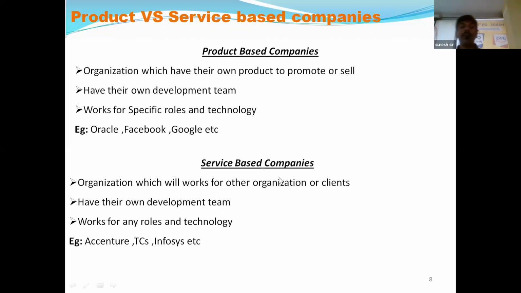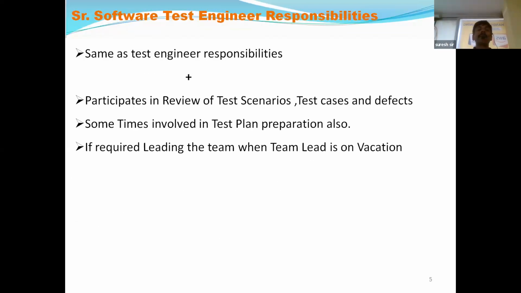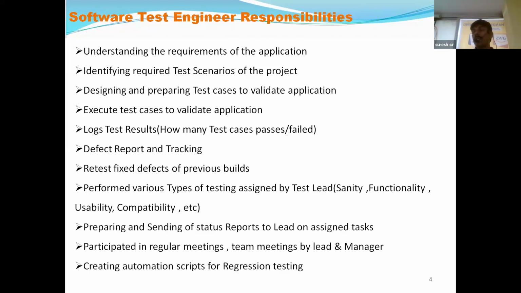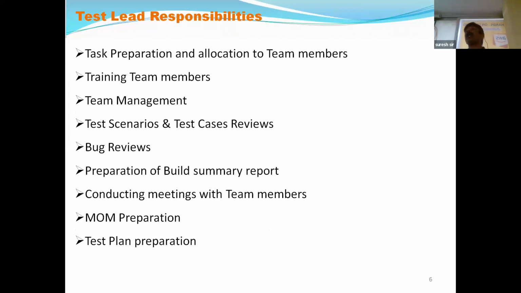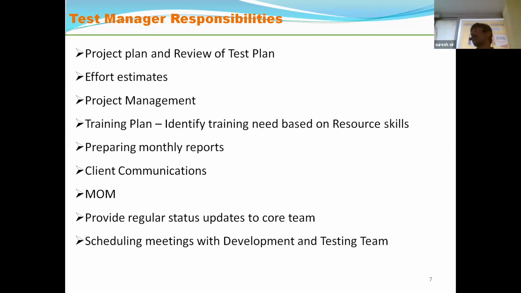This is what we need to mention: the test engineer, the senior tester, the test lead, and the test manager. Related to the test lead and the manager, you are not mainly worried about all those things here. Just in case the interviewer asks about the job role of test lead and manager, you need to be comfortable explaining those activities.